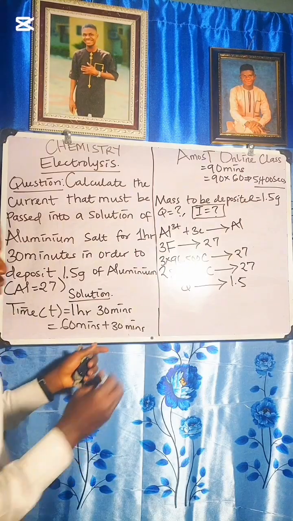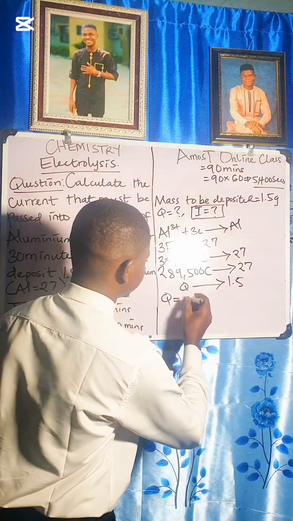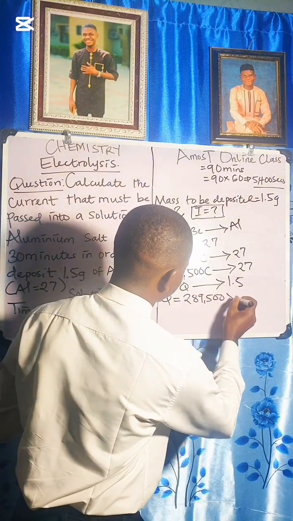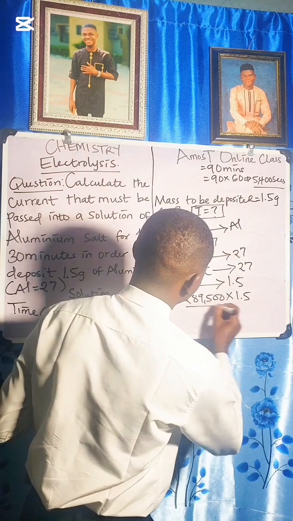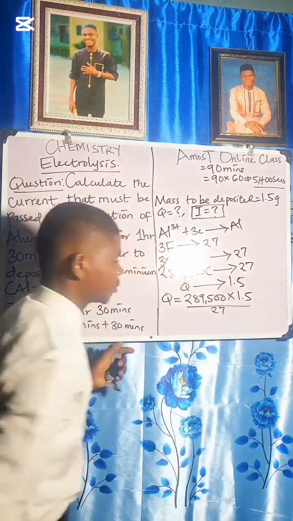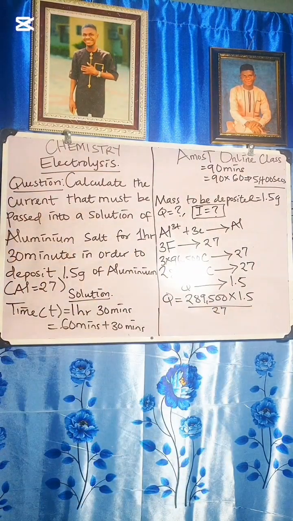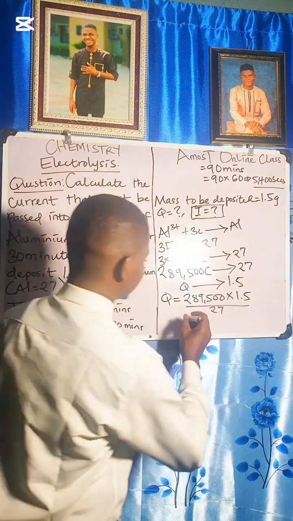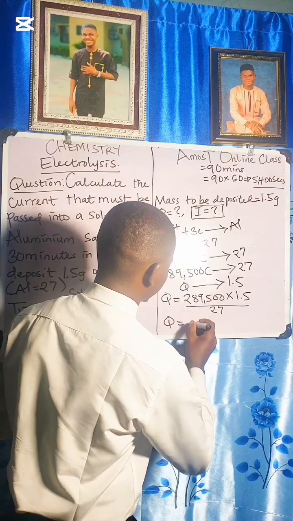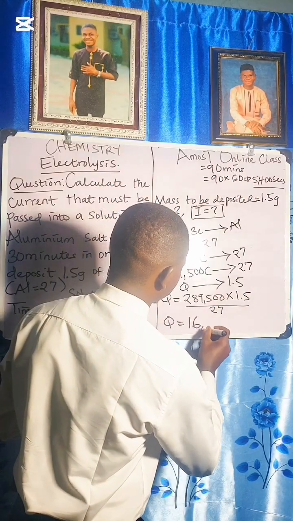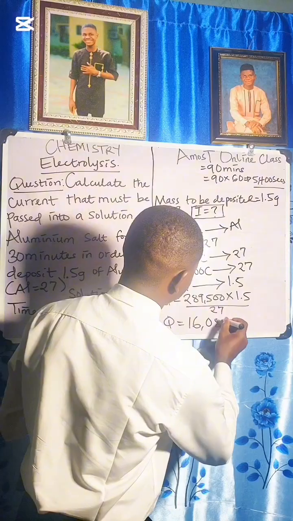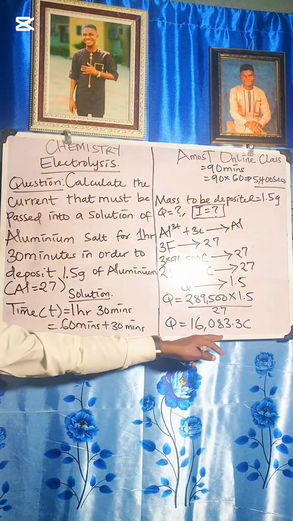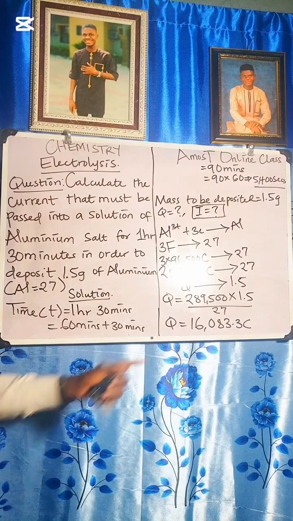So our Q will be equal to, if you check our calculator, 16,083.3 coulombs. Our quantity of electricity is equal to 16,083.3 coulomb, and that is Q.